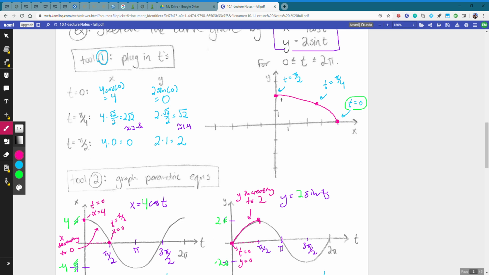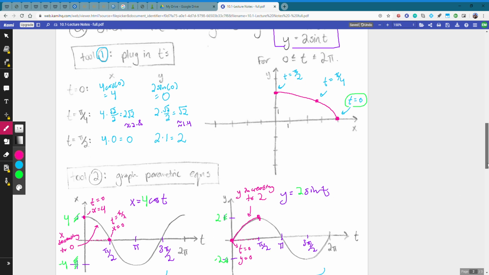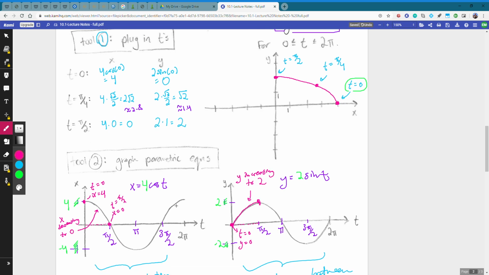Well, what about the rest of the curve? We can again read off instructions from our parametric equations graphs. So for example, during the stretch of time from pi over 2 to pi, our x coordinate is starting at 0 and decreasing down to -4 at pi.